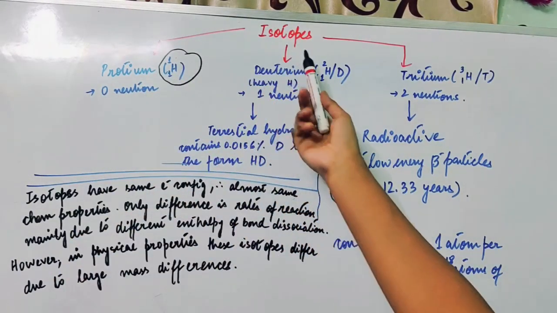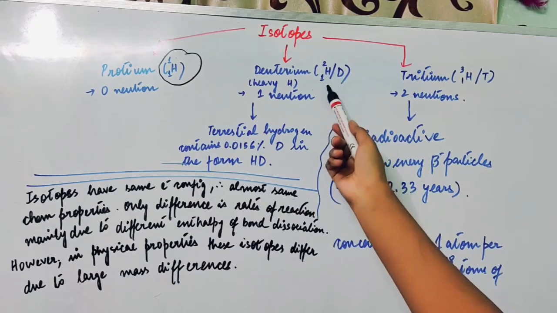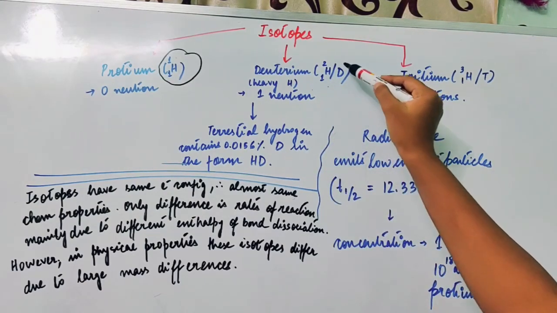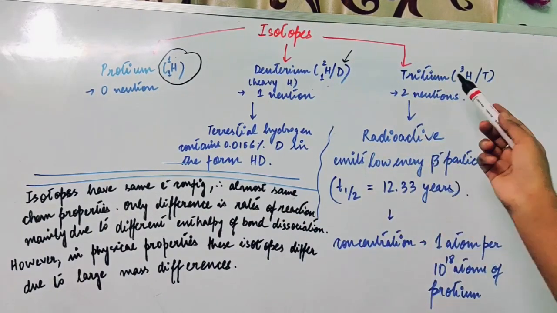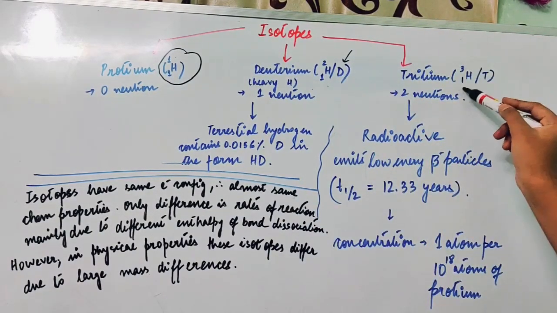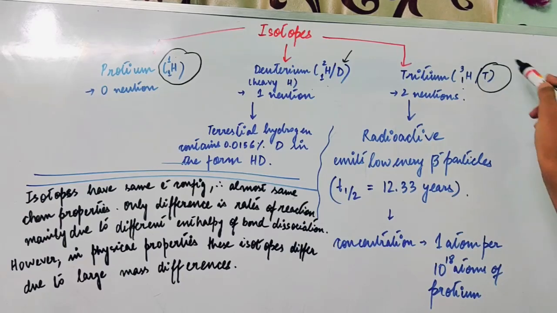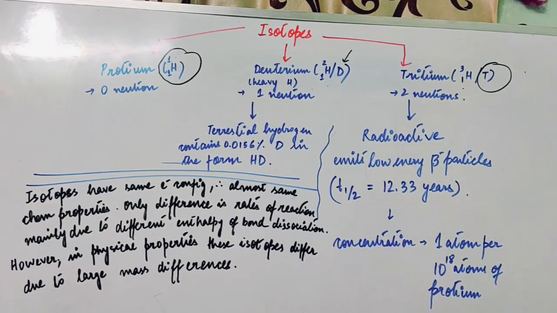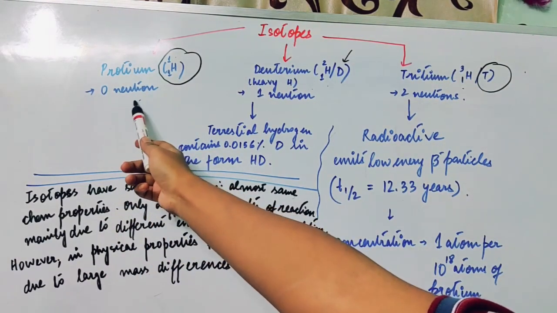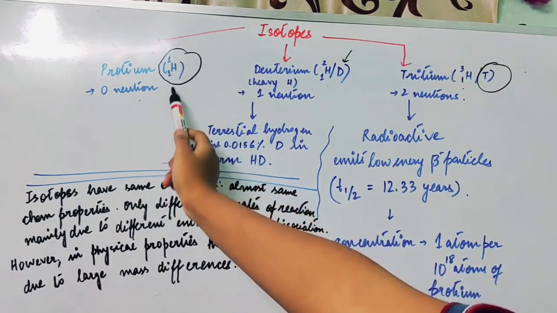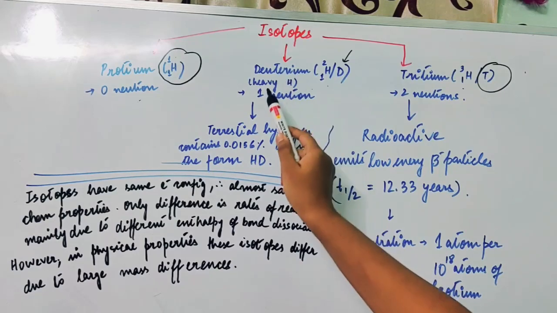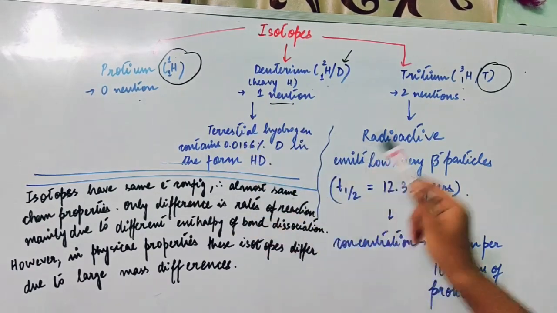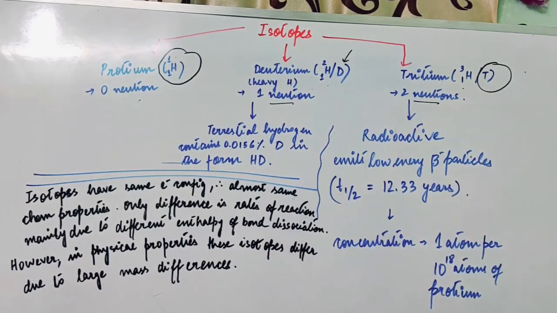Deuterium is denoted as 2H1, and it is also denoted as D. Tritium is denoted as 3H1 and it is also denoted as T. Protium has 0 neutrons, as you can see from the difference between proton and electron. Deuterium has 1 neutron and tritium has 2 neutrons.